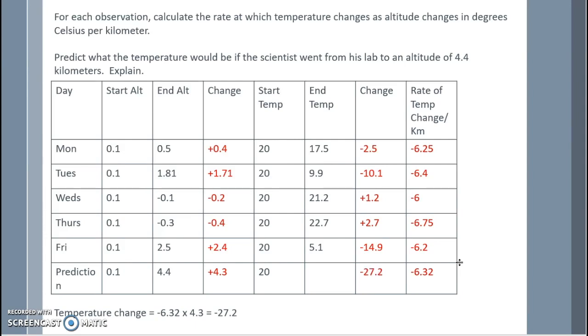So then we can find the starting temperature or the ending temperature by taking -27 2/10 and adding 20 to get an ending temperature of -7 2/10. The same pattern exists when we use multiplication and division with negative numbers.